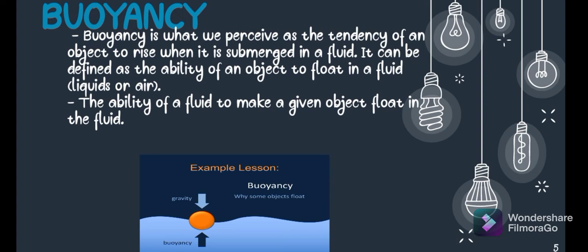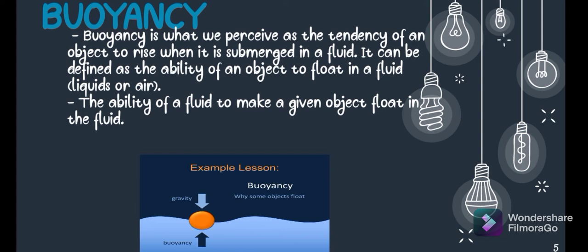Buoyancy is what we perceive as the tendency of an object to rise when it's submerged in a fluid. It can be defined as the ability of an object to float in a fluid, whether it is liquid or air. So in other words, it is the ability of a fluid to make a given object float.